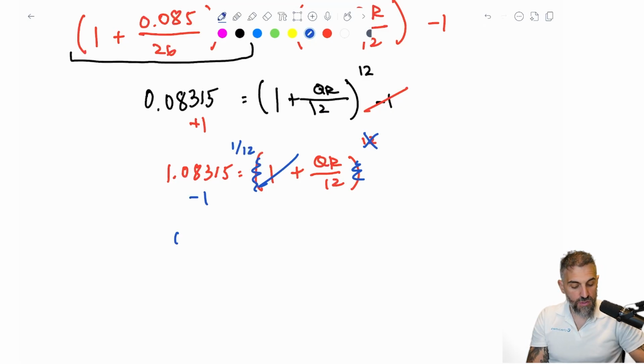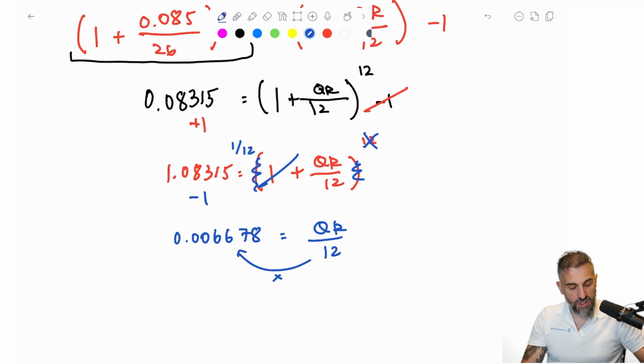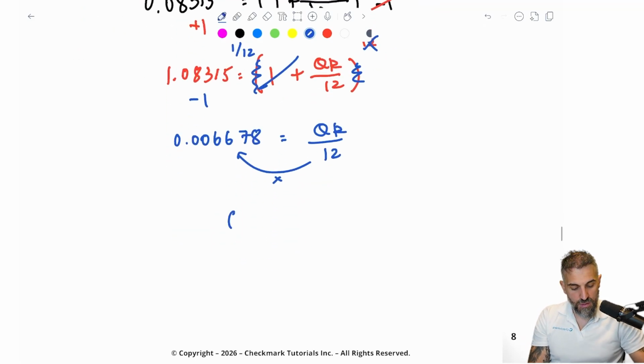So now I've got 0.006678 equals QR over 12. And then just cross multiply that 12 into it. 8.01%.